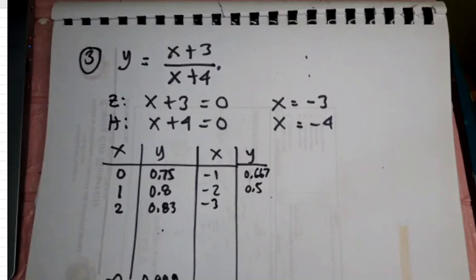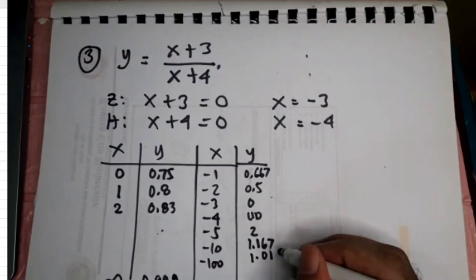So if we have negative 10, that is 1.167, no? Negative 100, 1.0104. Okay.